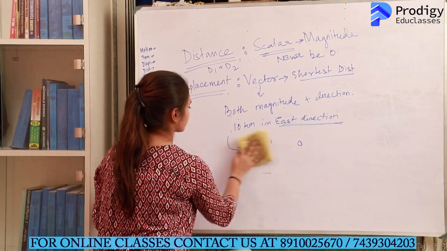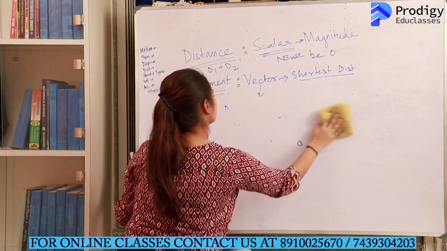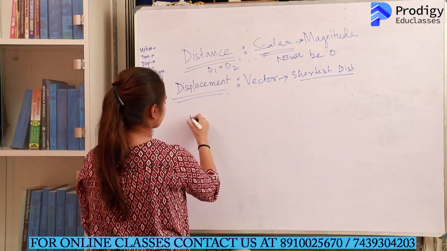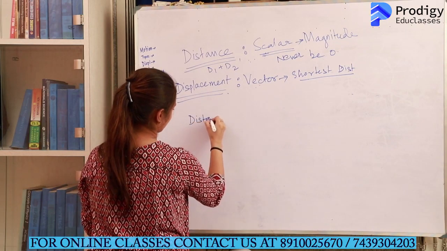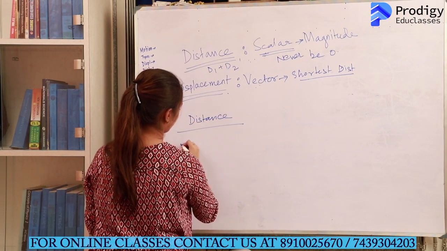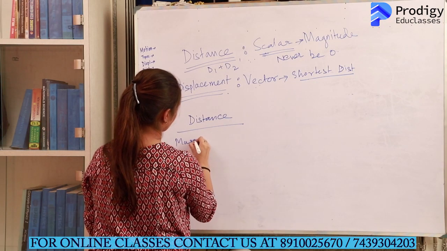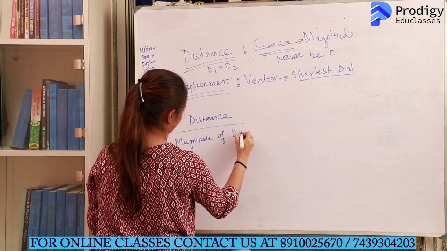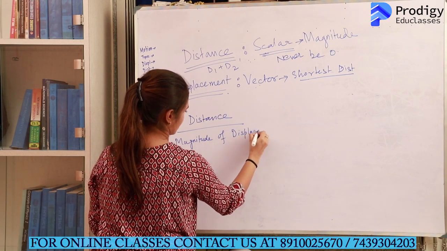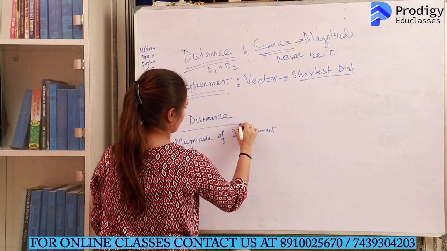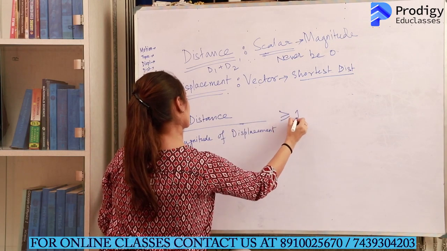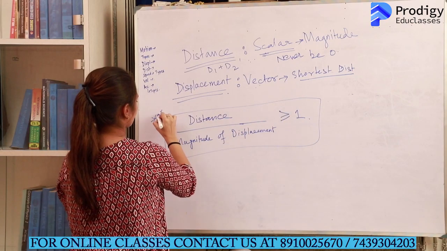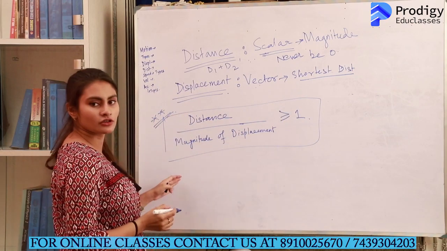So from this point, one key point can be inferred, that is, distance divided by magnitude of displacement is greater than or equal to 1. You need to remember this. You may even get some MCQs or some short questions on this point.